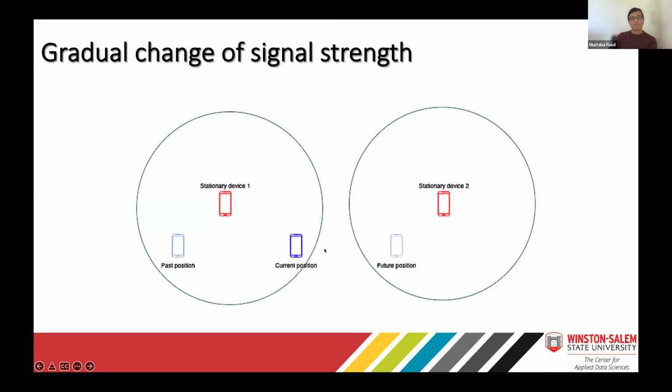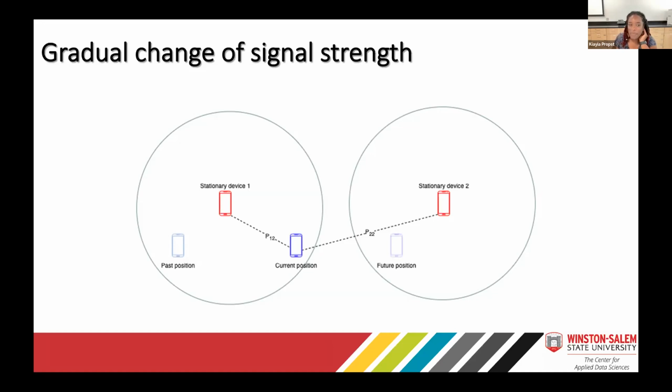At that position, both stationary device 1 and stationary device 2 will sense a specific power level, a specific signal strength. There is a proportional relationship: if the signal strength is big, that means the device is closer. If the signal strength is less, that means it's further away.